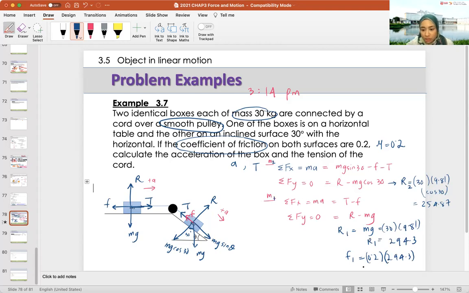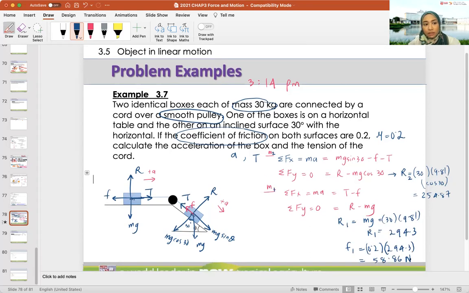So kita dapat friction. So kita tengok friction dia sama ke lain? Tadi ada kawan kita tanya, can friction be different? Kejap. No. Okay.